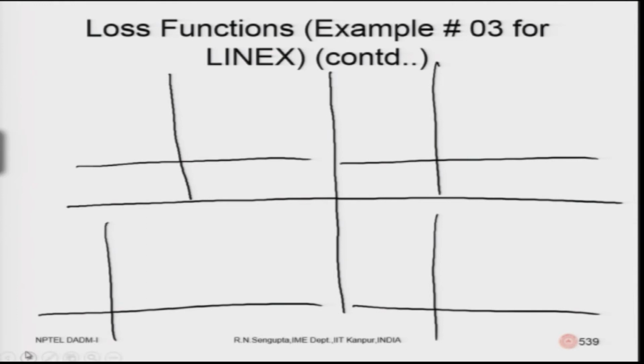In case the random variable has a fixed mean, not changing with respect to time, and the variance also not changing with respect to time, it will be like this.